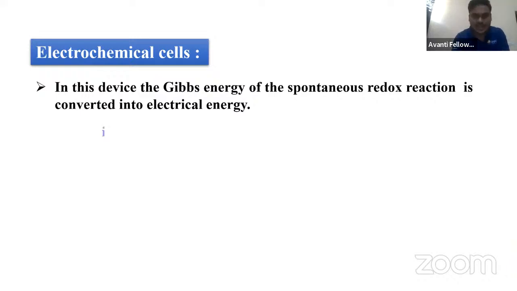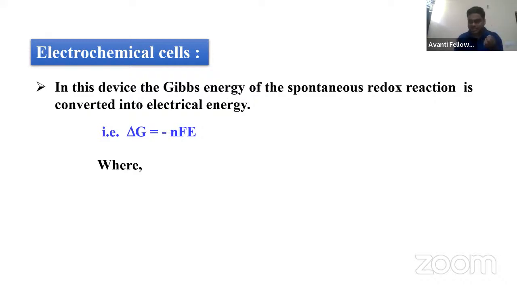So basically in an electrochemical cell, the energy of the spontaneous redox reaction is converted into electrical energy. This is one of the major important formulas which we need to remember, that delta G is equal to minus nFE. What is n here, beta? n is the number of electrons.